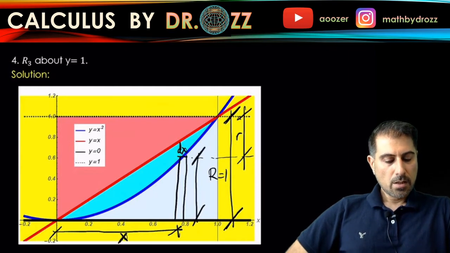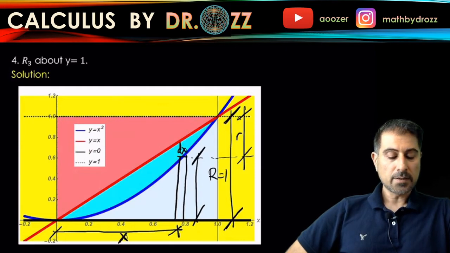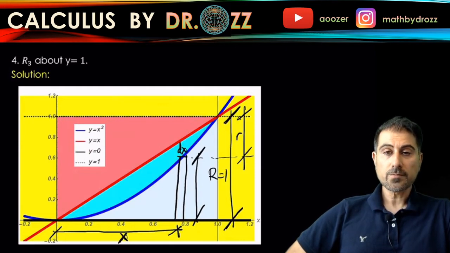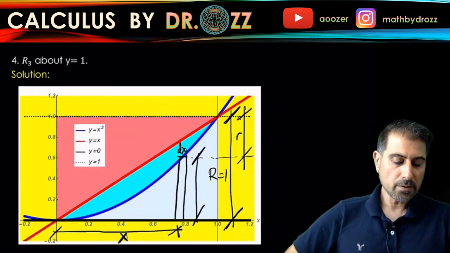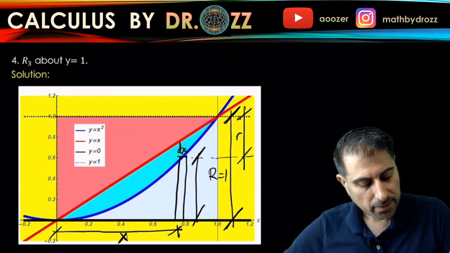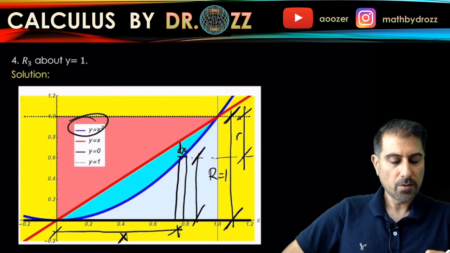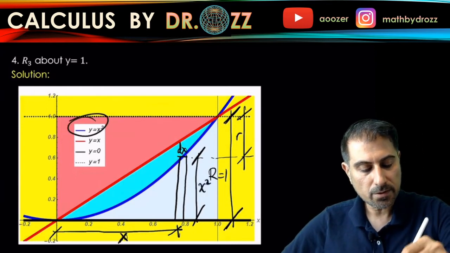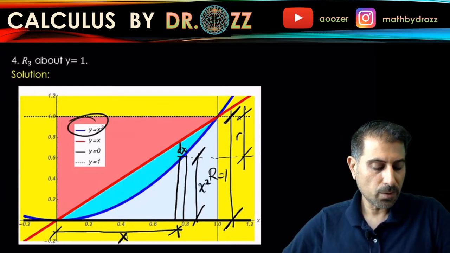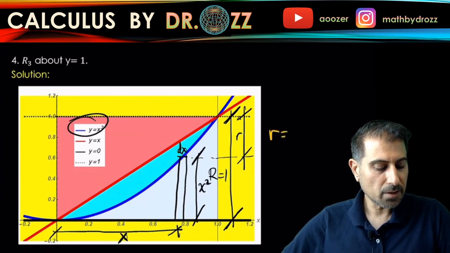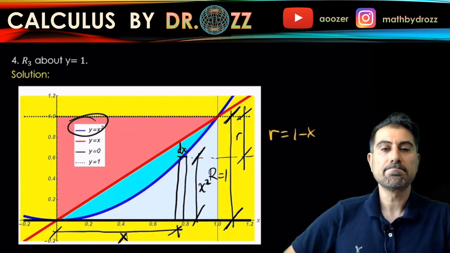That distance is determined by the blue curve, because the top part of the slice is touching the blue curve, which is y equals x squared. So that tells me this is just x squared. So little r is going to be 1 minus x squared, whereas capital R is just 1.